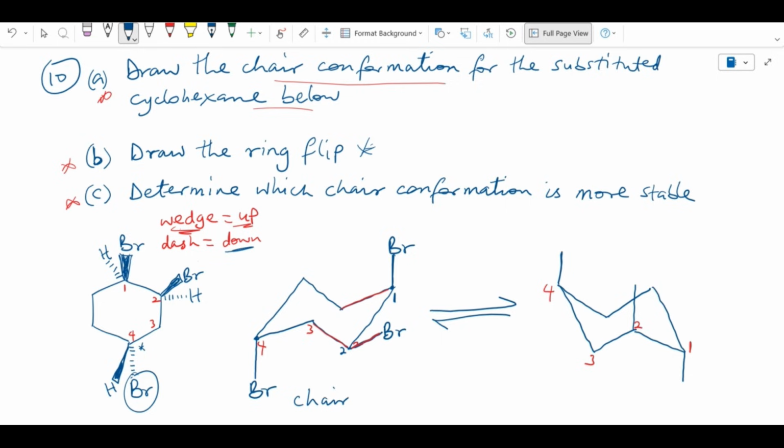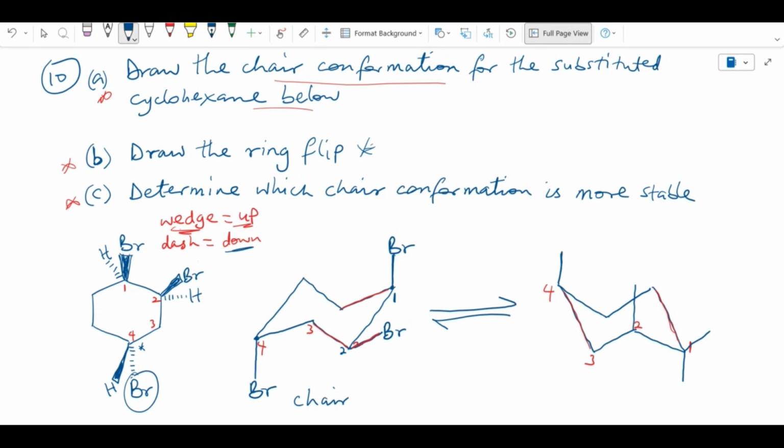You can now go ahead and draw the equatorial bonds. Equatorial bonds will always be horizontal, but it could be horizontal up or down. It has to be opposite the axial bond. So since on carbon 1, the axial bond is pointing down, the equatorial bond will point upward. The axial bond on carbon 2 is pointing up, so the equatorial bond will point downward. But you want to make sure that that equatorial bond will be parallel to these lines.